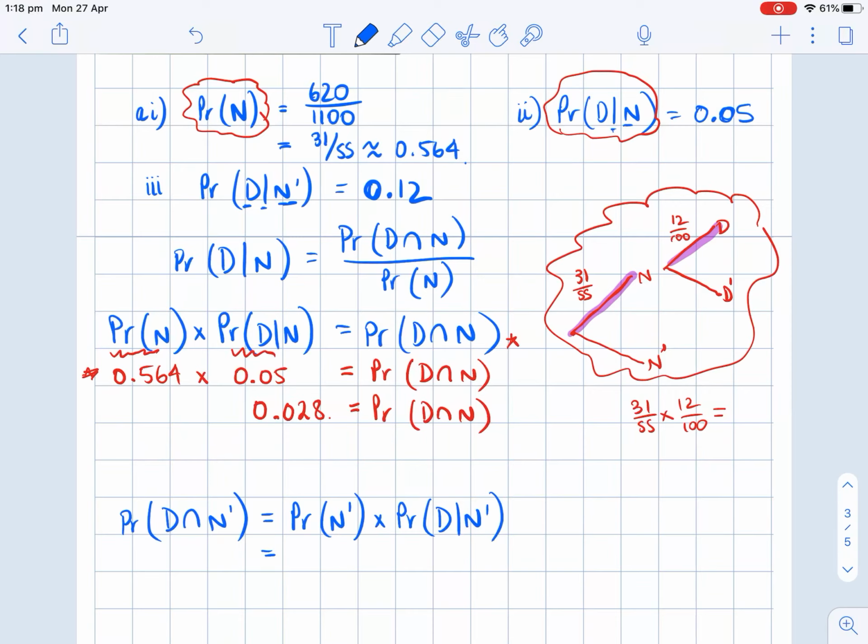So the probability it's from the old machine is 480 out of 1,100 times the probability that it's defective, that was 12%. Type that into my calculator: 480 divided by 1,100 times 0.12, and I get 0.052.